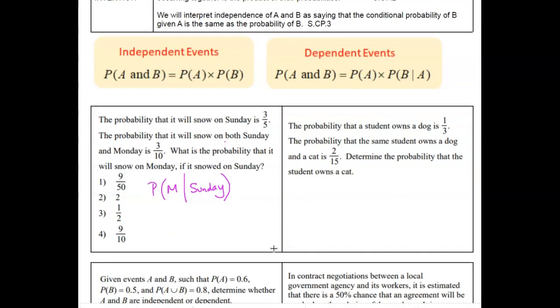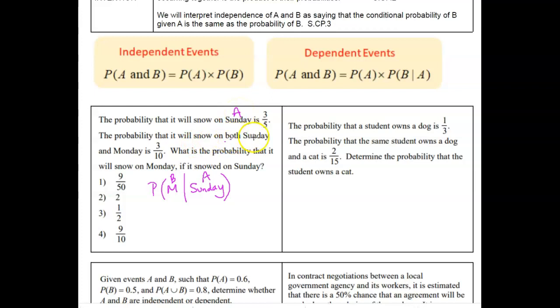And so we know, like event A, actually we want given A. So A is going to be Sunday, B is going to be Monday. Does that make sense? So let's see, if this is A, I'm going to label the problem.